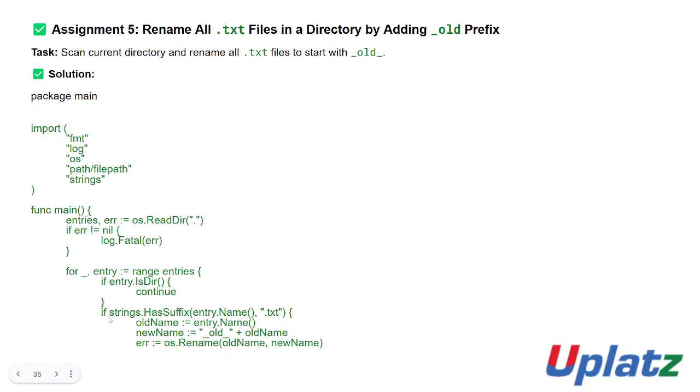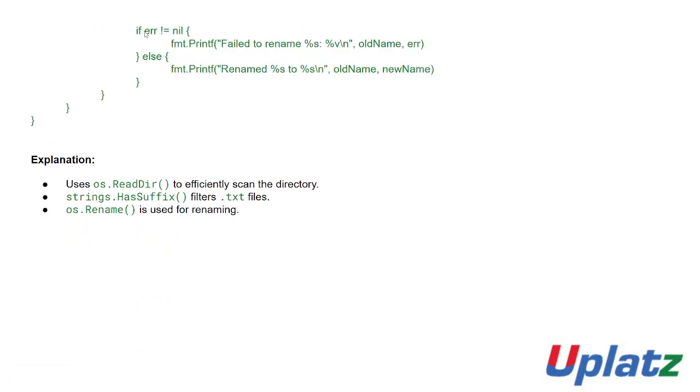If strings.HasSuffix(entry.Name(), ".txt"), then oldName := entry.Name(), newName := "_old_" + oldName, err := os.Rename(oldName, newName). If err != nil, then print failed to rename oldName, err, and else fmt.Println renamed oldName to newName.